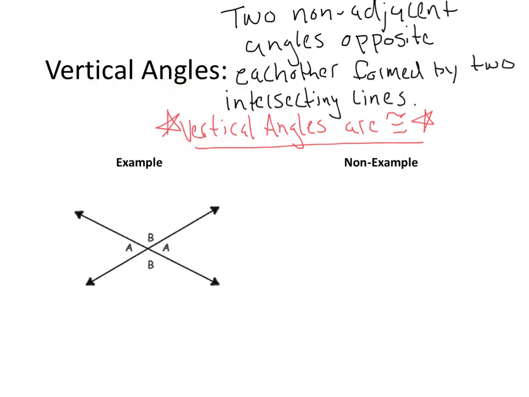Therefore, we can say that angle A is congruent to angle A by utilizing our tick marks. The diagram also has another set of vertical angles, where angle B and angle B are also vertical angles because they're formed by two intersecting lines and are directly across from each other.